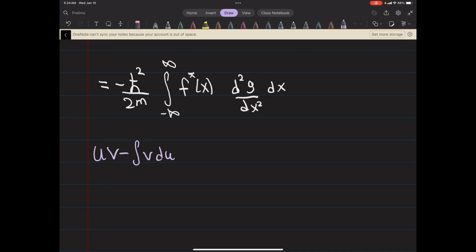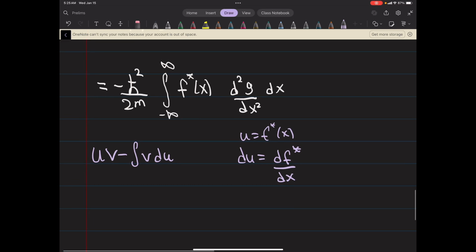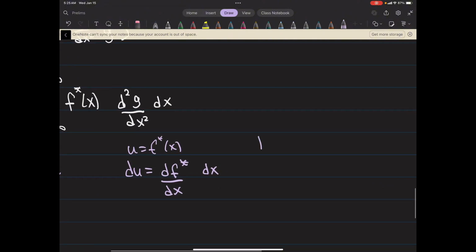We'll let u equal f of x and du equal df dx, like such, dx, and then dv you're going to want to equal this derivative, because we're going to integrate that, and now you're going from a second derivative to just a first derivative when we integrate both sides.